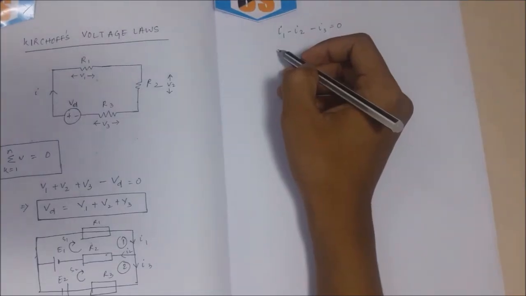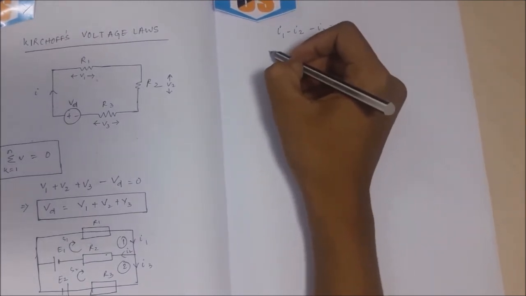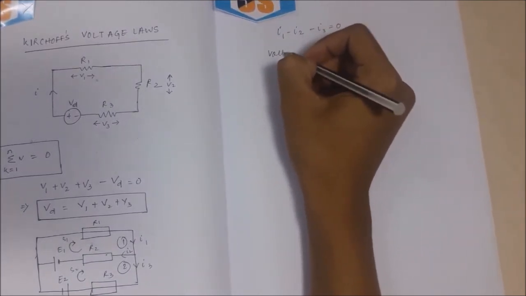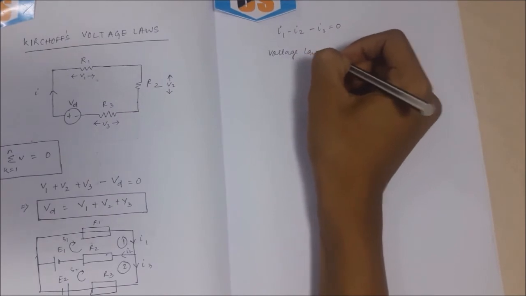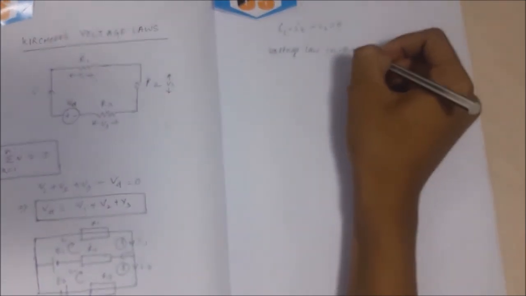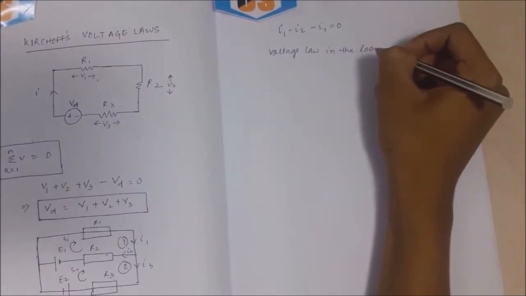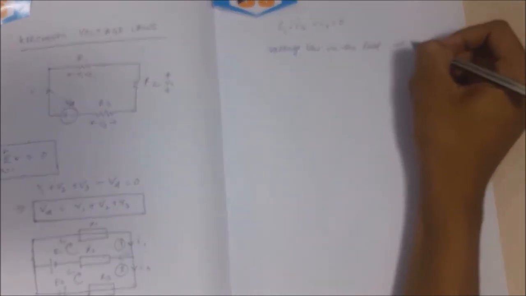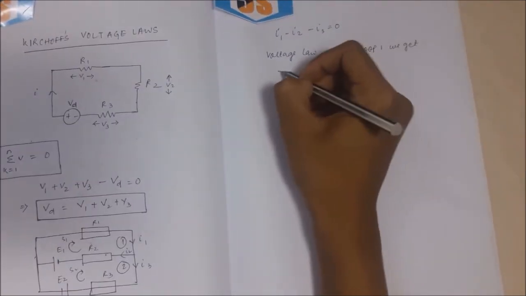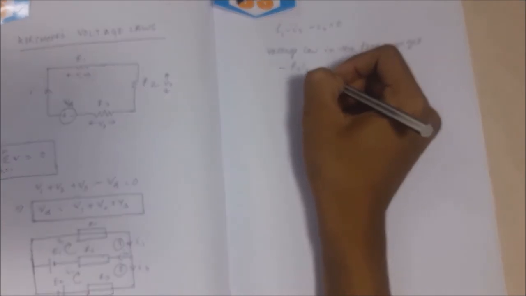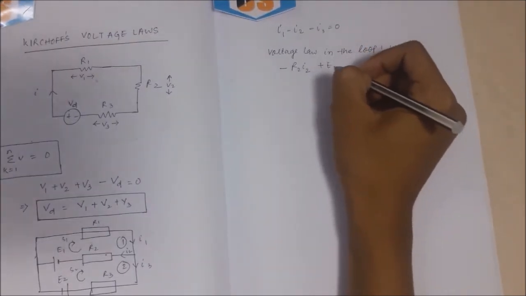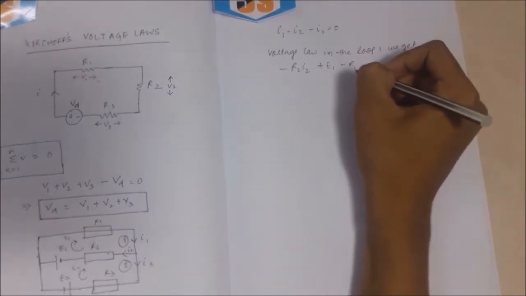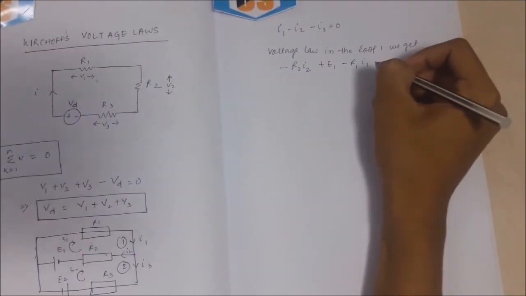Again applying the second law, the voltage law, to loop 1, we get minus R2 I2 plus E1 minus R1 I1 equals 0.